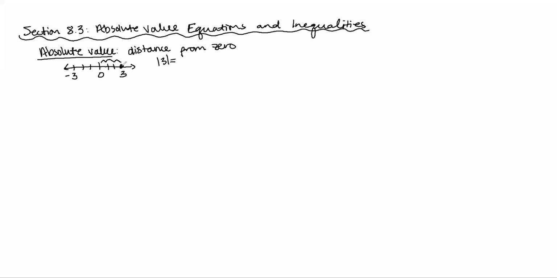Well, 3 is over here, and it is 3 units from 0. But it's the same thing if we have the absolute value of -3. -3 is over here, and so the absolute value of -3 is also 3. Because whenever we're talking about distance, distance is always positive, which means the absolute value is always positive.